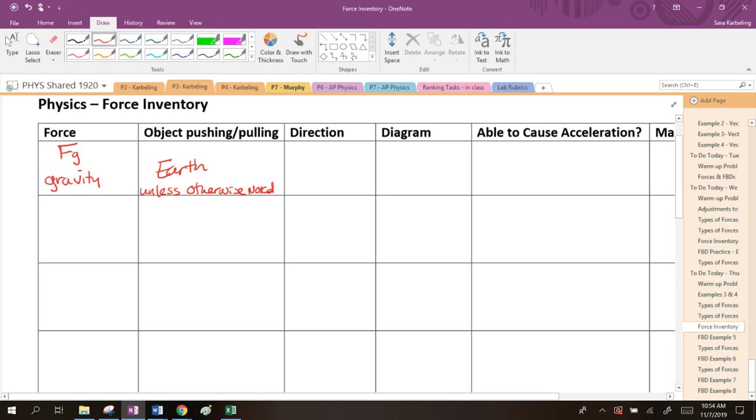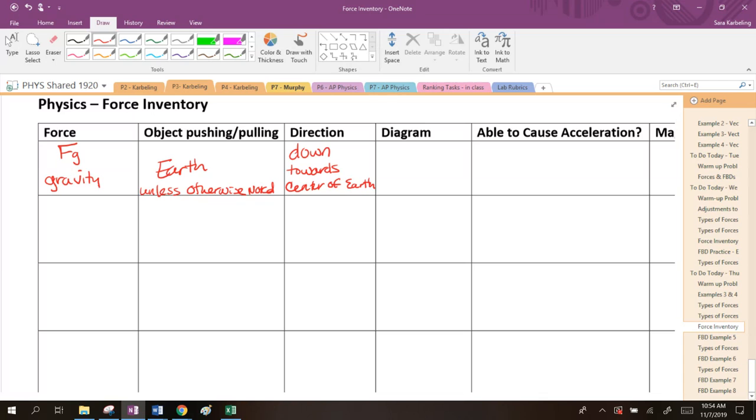What direction does the force of the earth always act on that object? Down, yes. I'm going to say towards the center of the earth.